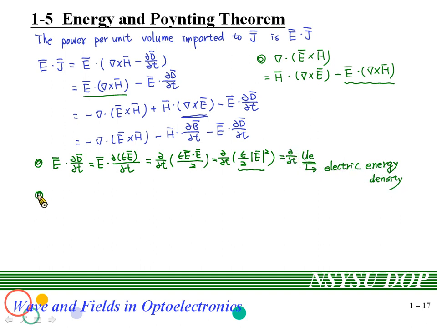Similarly, you can find out that H dot partial B over partial t will be partial over partial t of half mu times the square of the absolute value of H. And again, this one is the magnetic energy density.